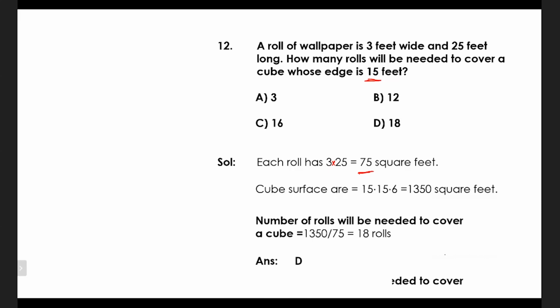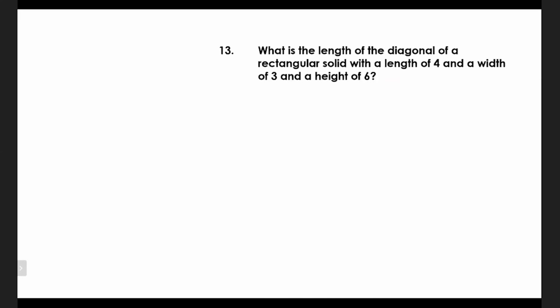Okay, let's go to the next question. What is the length of the diagonal of a rectangular solid with a length of 4 units and width of 3 units, and height of course is 6 units? This is the thing.